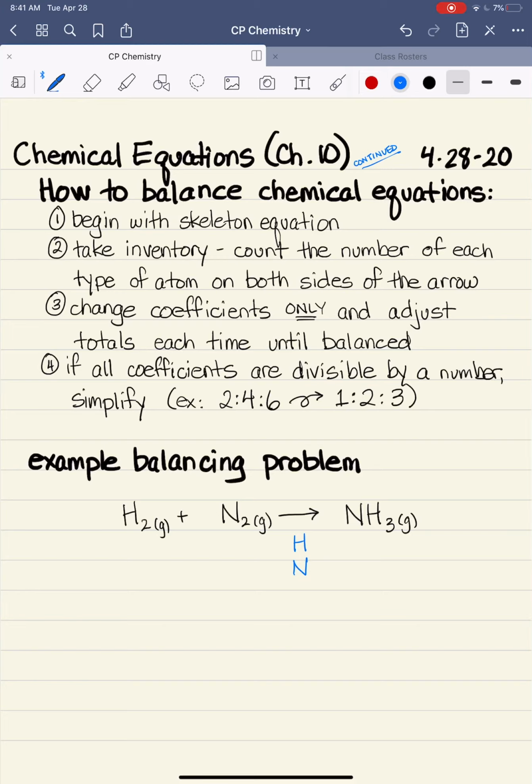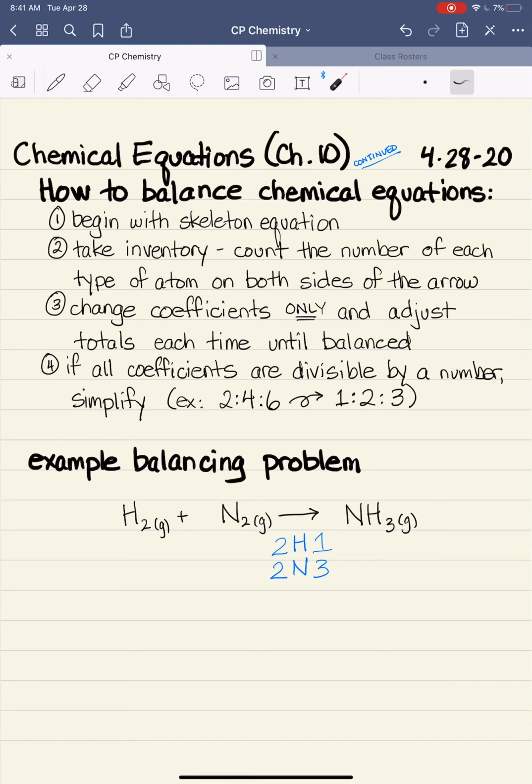I have hydrogen, I have nitrogen. On my left side of the equation, I have 2 hydrogens right here. On my right side of the equation, I have only 1 hydrogen. On my left side of the equation, I have 2 nitrogens. And on my right side, I have 3 hydrogens. So, obviously, we are not in balance. 2 does not equal 1. 2 does not equal 3.